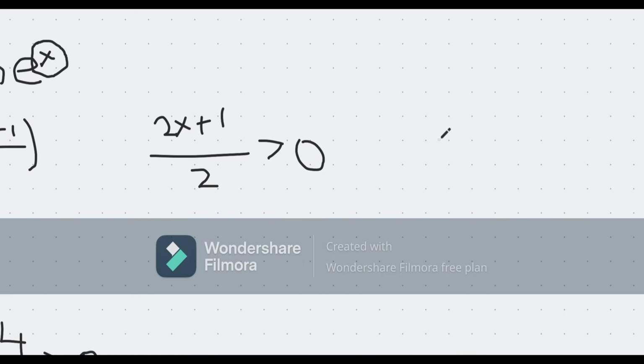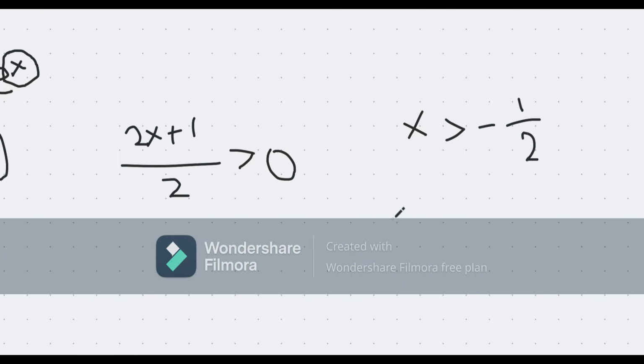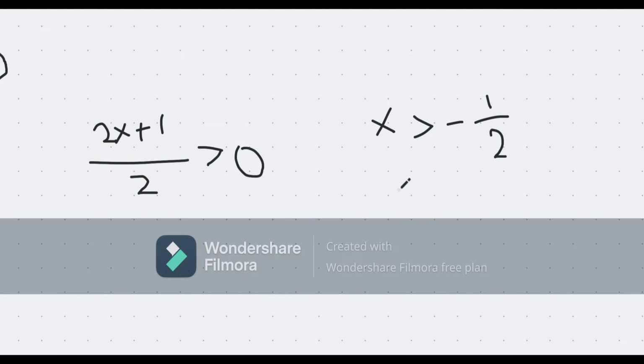So when you solve this inequality, you'll get x must be greater than -1/2. And the interval notation for this would be negative a half to infinity.